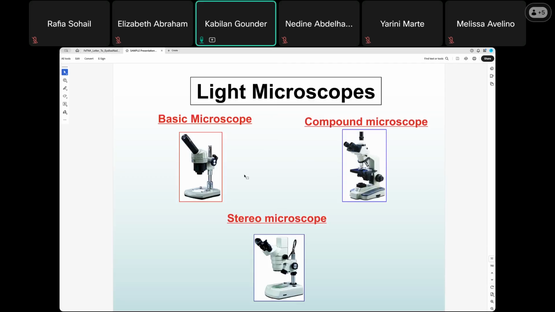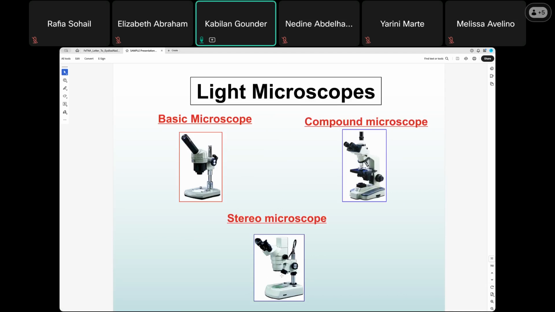So this is a simple basic microscope, which has only one lens, and you can see two lenses, the eyepiece and the objective lens. And this is the stereo microscope, which you can use for samples with a standard magnification.